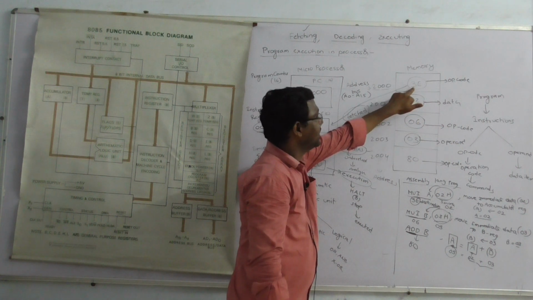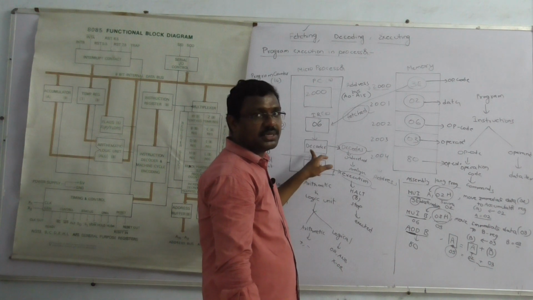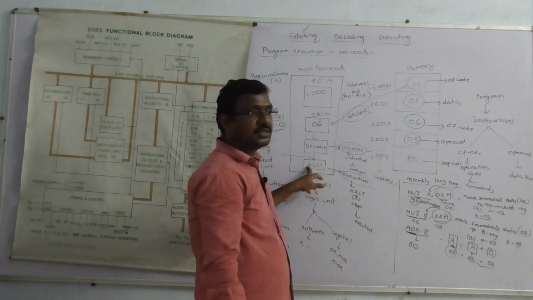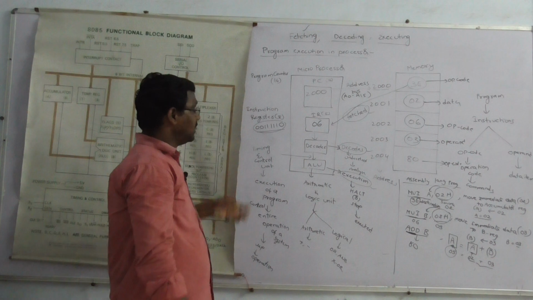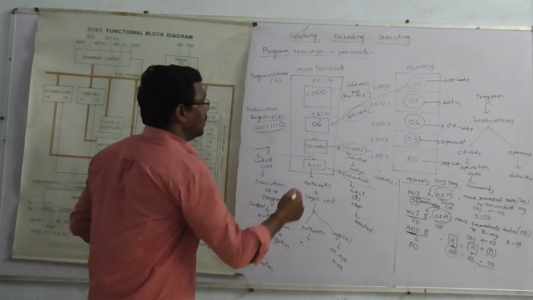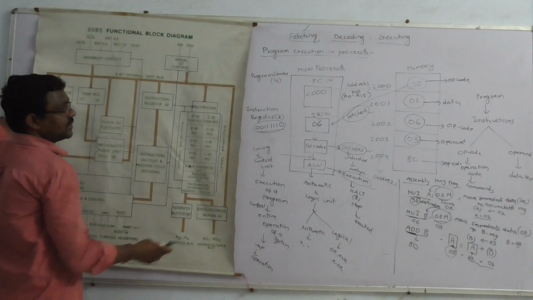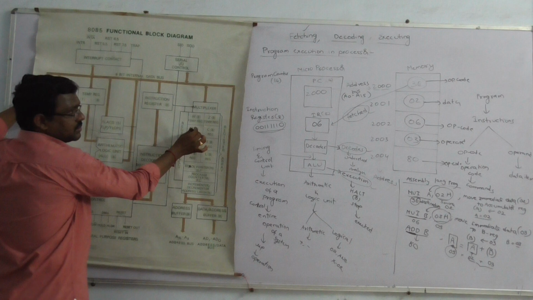First of all, we read from the instruction register to the decoder, which decodes it. At that time it goes to the ALU, and it can provide the timing and control signals. First of all, 02 data is in the accumulator register, and 03 data is stored in the B register.